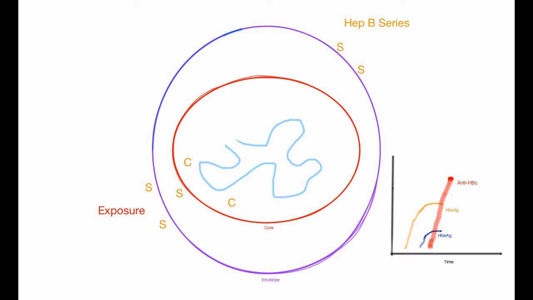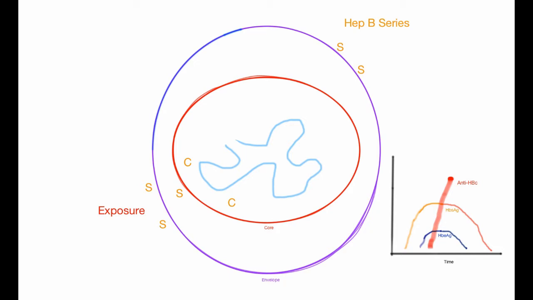That starts after the second month and will continue well into the 8th, 9th, 10th month after the exposure. At the same time, there's a weaning of the hepatitis B surface antigen and the hepatitis B envelope antigen. Those levels continue to drop off until they're no longer detectable around the 5th month.